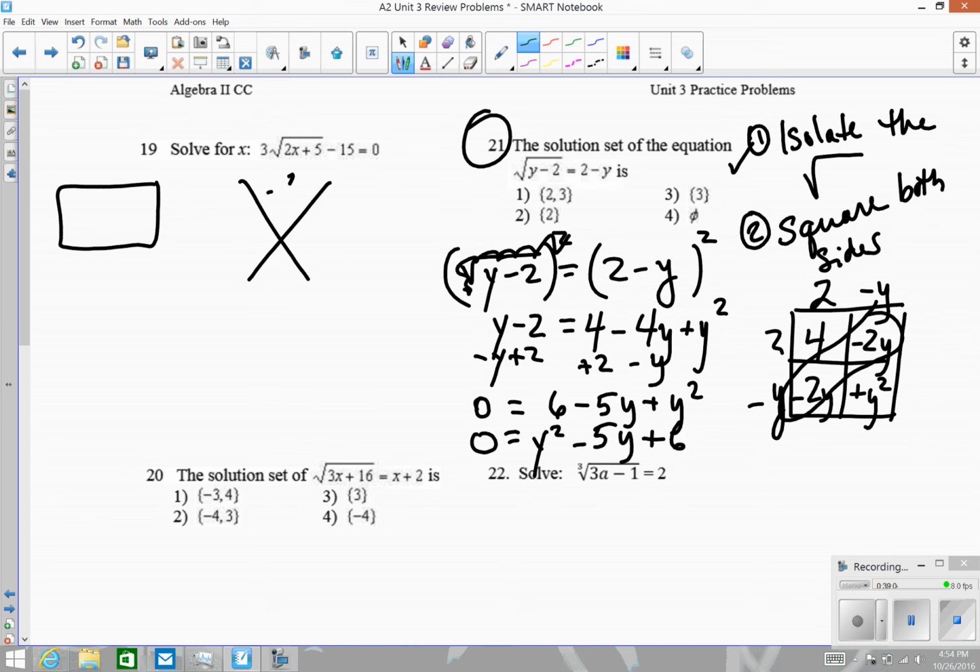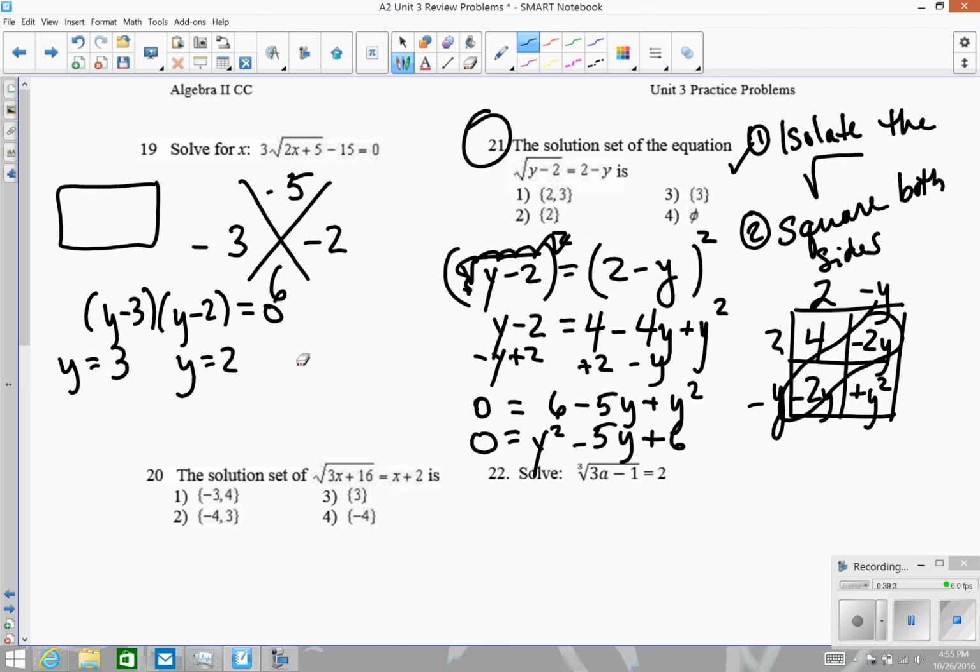I want two numbers adding up to negative 5, multiplying to a positive 6. I'm going to need two negative numbers here. Negative 3, negative 2, I think will work. So when I factor this, I get y minus 3 times y minus 2 equals 0, which will give me two possible solutions, a positive 3 and a positive 2.